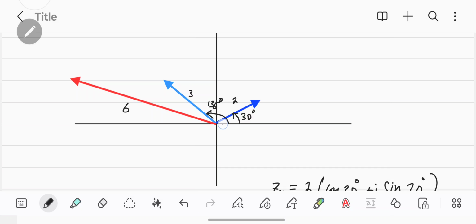You can check from here: it's 135 plus 30, so it's 165. If I add 30 degrees to 135, I will get 165 degrees. So that means this is the geometrically correct diagram of the product of the complex numbers.